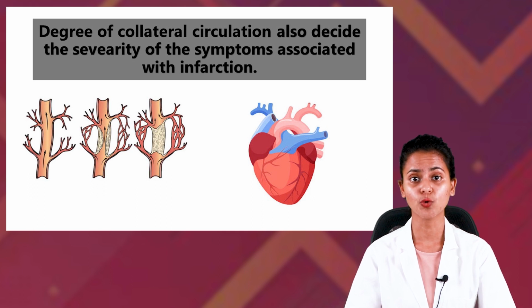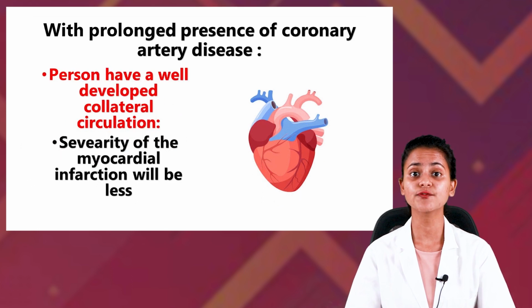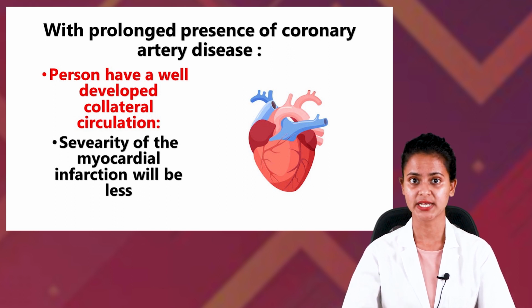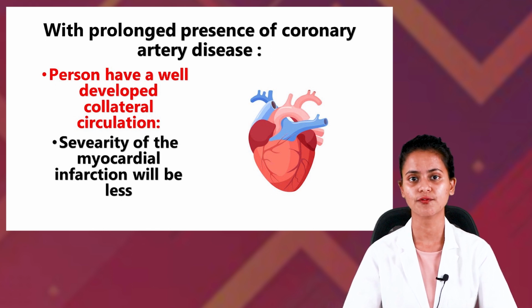So the collateral circulation development is very little, and that is why a younger person would suffer more severe symptoms associated with myocardial infarction. Whereas an older person with a very prolonged history of coronary artery disease may have less severe symptoms because of the presence of collateral circulation. So that is how collateral circulation influences the severity of the symptoms of myocardial infarction.